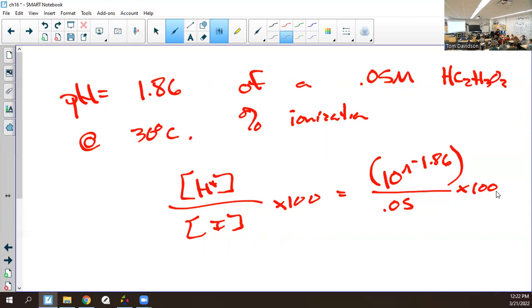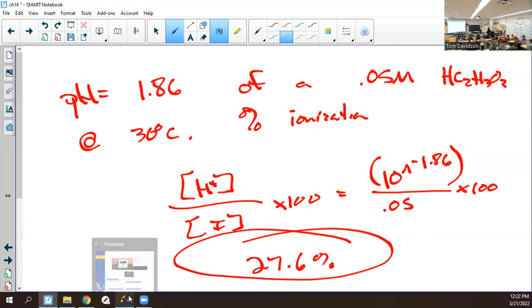What do you have? 27.6. We would say it's 27.6% ionized. That's a pretty big number.